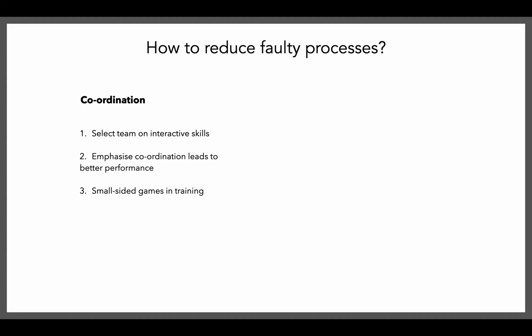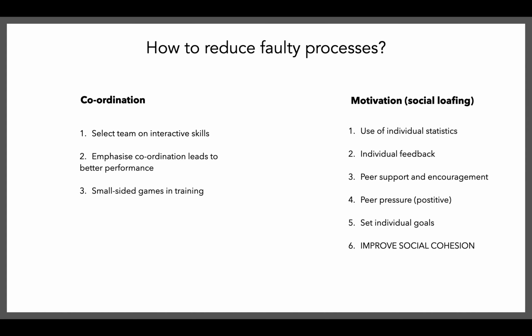And in training, introduce small-sided games. So mix people who might not usually work together and have them work in a smaller group and improve that timing coordination among them. How do we cut down on the motivation problems, that's social loafing? Use individual statistics. So at the end of a game, say you got 10 rebounds, you scored 23 points and made 2 blocks.